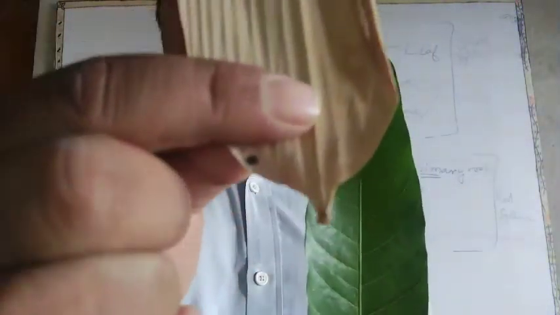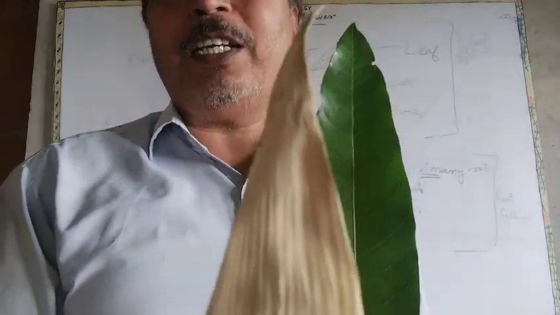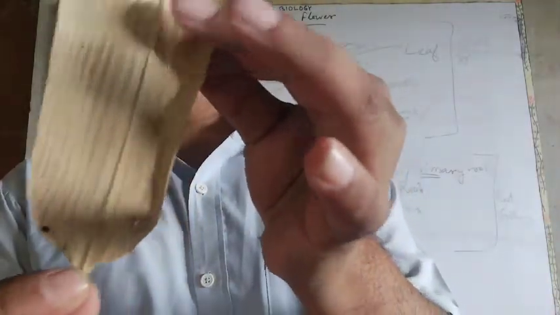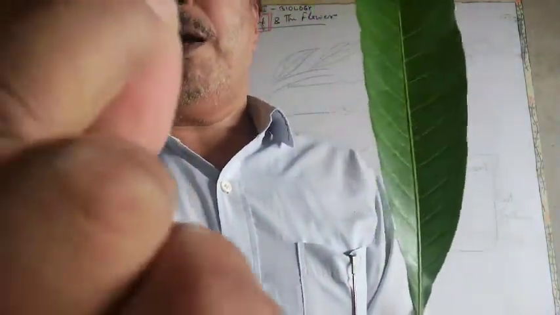Before going ahead, can you tell me the name of the plant whose leaf I have taken in my hand? Yes, this is a bamboo leaf. I have a bamboo leaf in my hand, right? And now you see I am holding the leaf base of mango. So now I am holding the same structure in the case of the bamboo leaf.